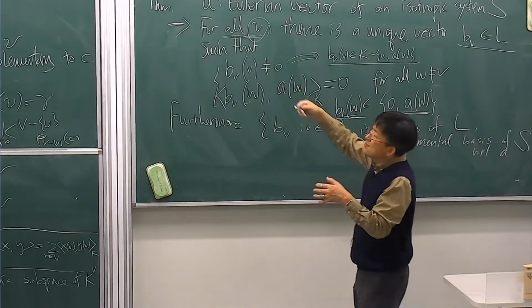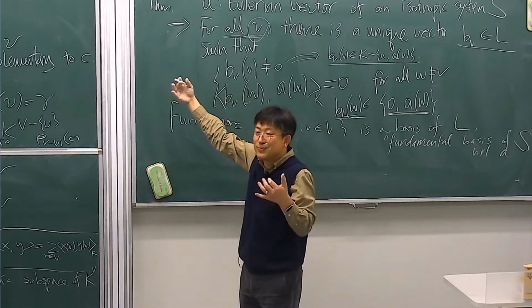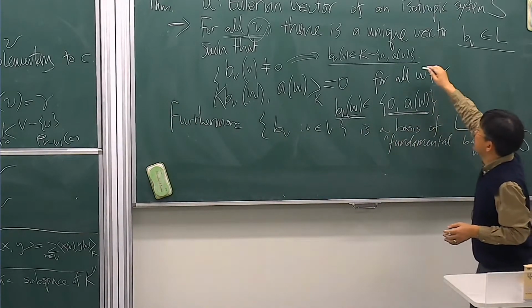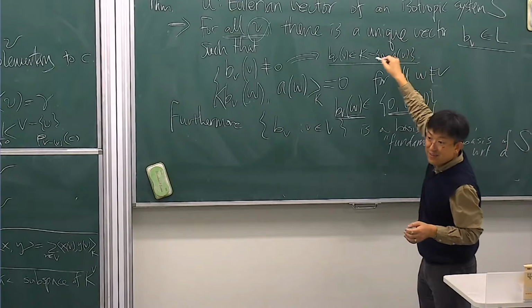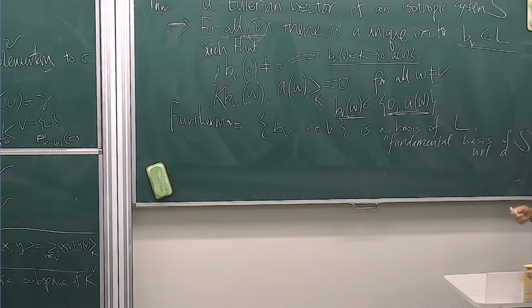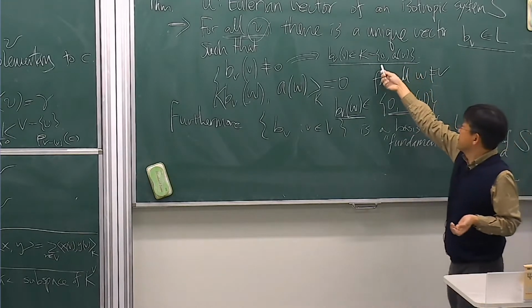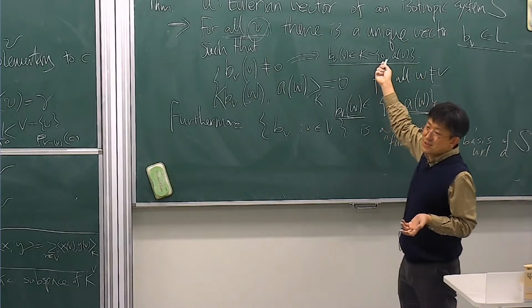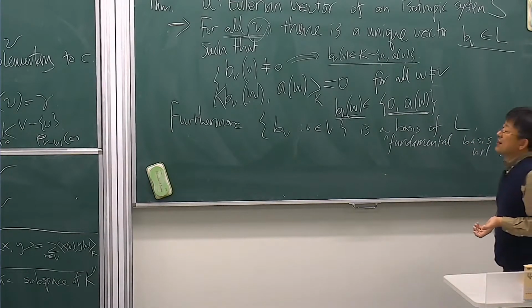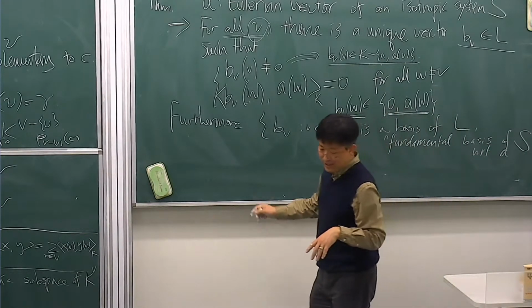But the definition of Eulerian vector doesn't allow such a vector to be in L. So the only way this is Eulerian is you have to avoid being AV or 0. So if AV is alpha, then you have to be beta or gamma, so that A becomes Eulerian. Right? So once you have this, then you can define the fundamental graph.